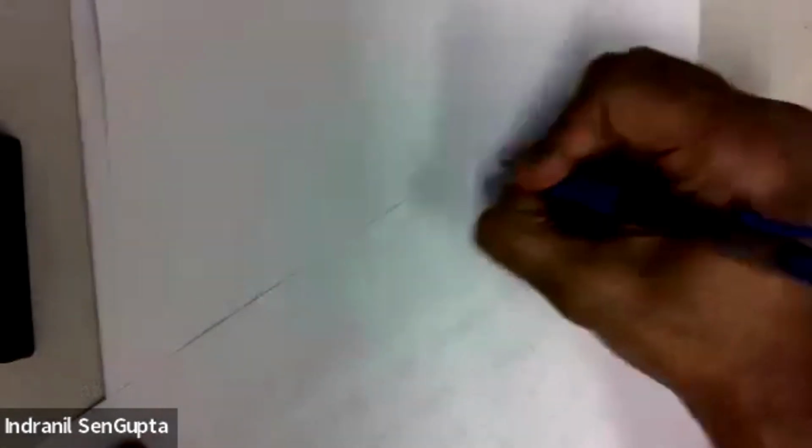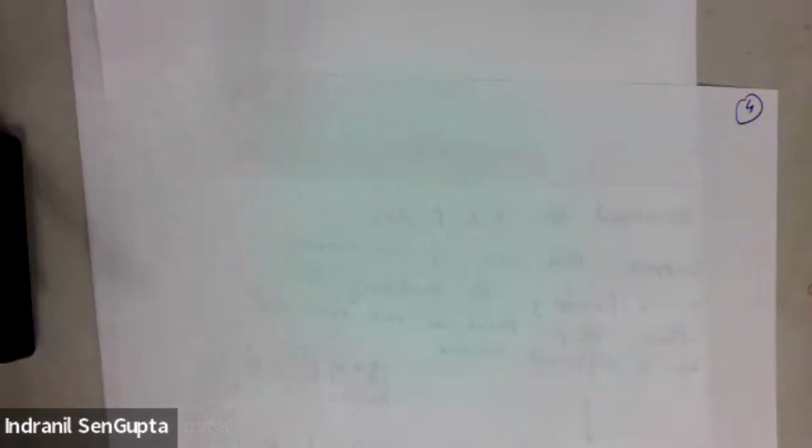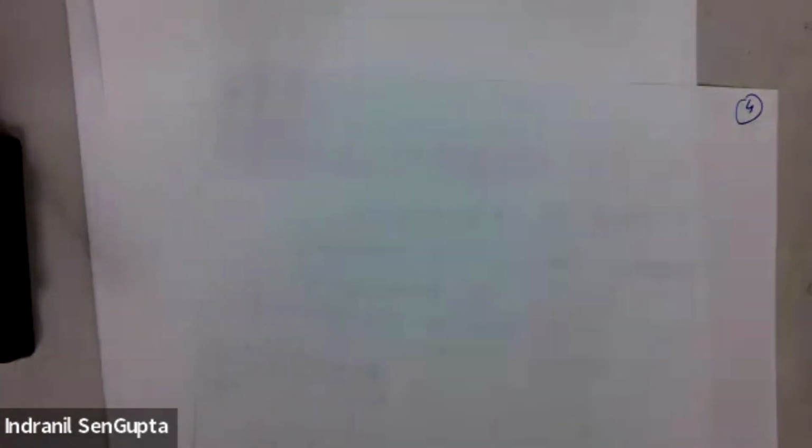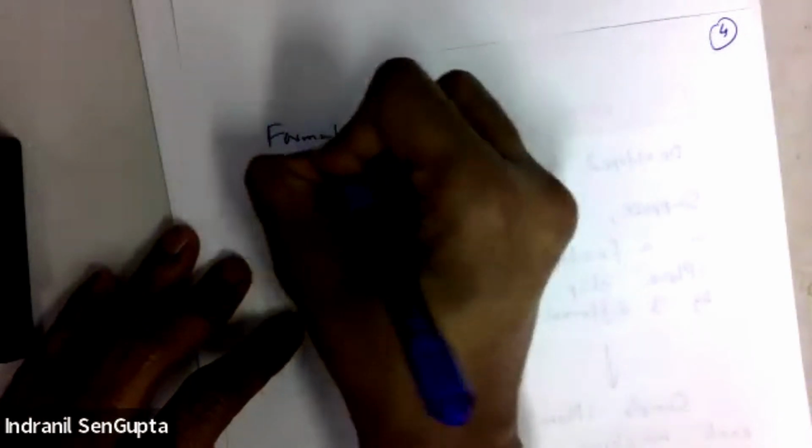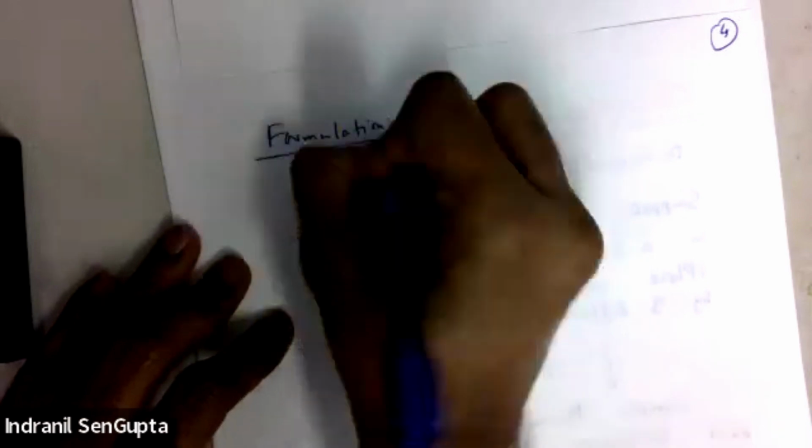So let's see. Now, this problem, I'll be writing in terms of some mathematical notation. So let's get started. I will be generalizing this problem, and that is called the one-way ANOVA. Okay, so consider some formulation, and actually we'll be discussing a general formulation.